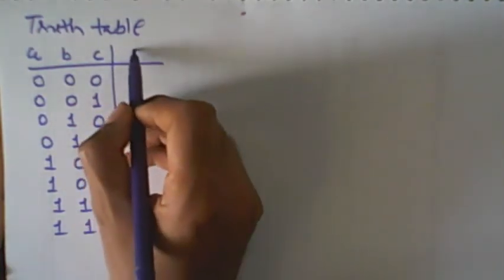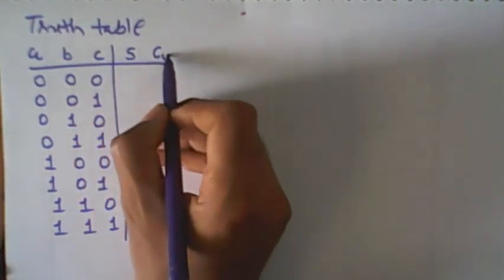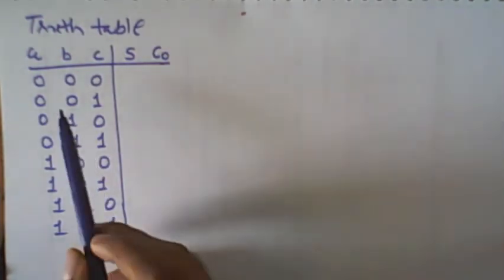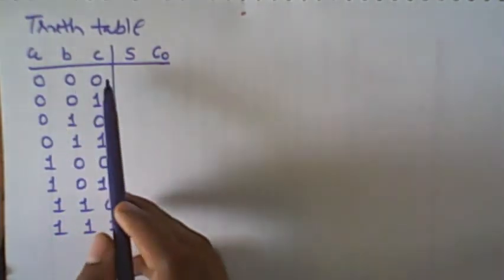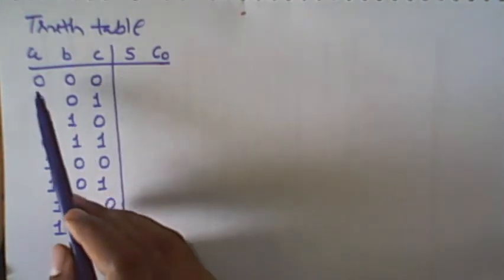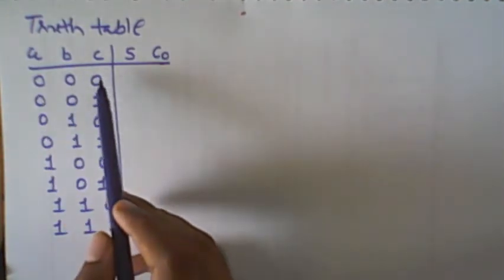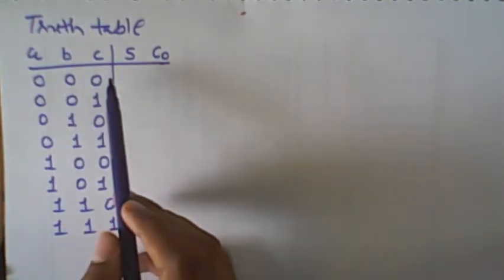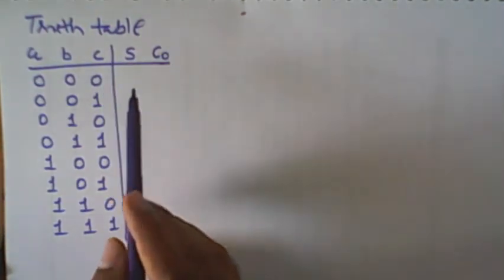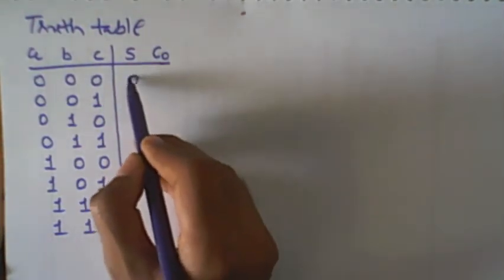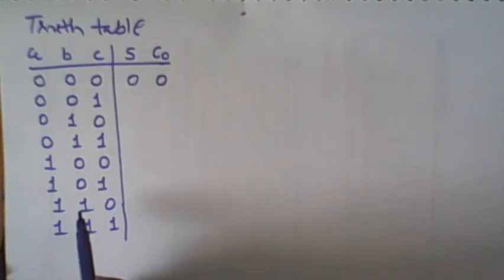Now we have 2 output variables, sum and carry out, that we have to find out from the definitions. If we add 0 plus 0 plus 0, it is 0, which in binary is 0 0, so the sum bit is 0 and the carry bit is also 0.